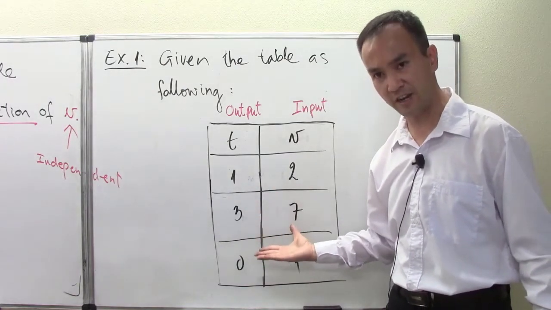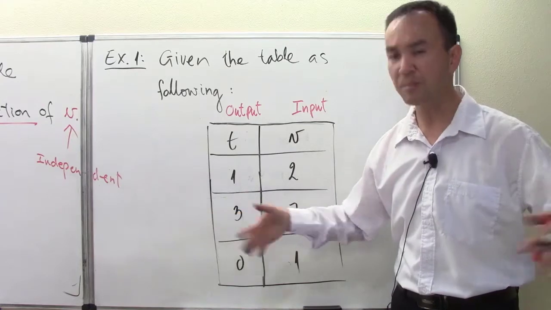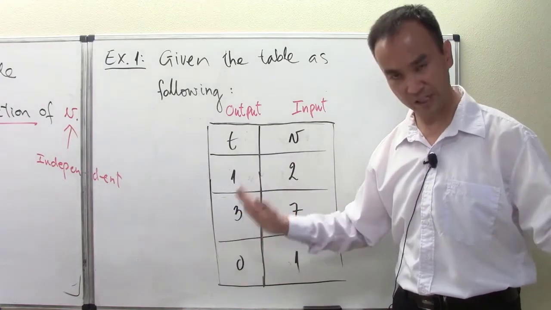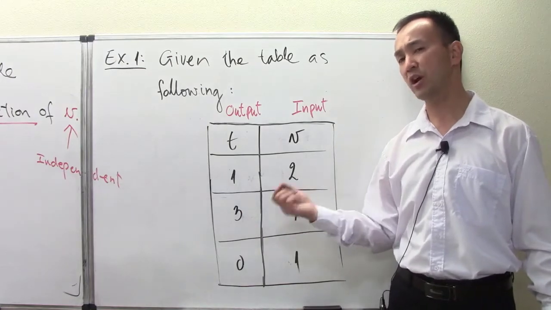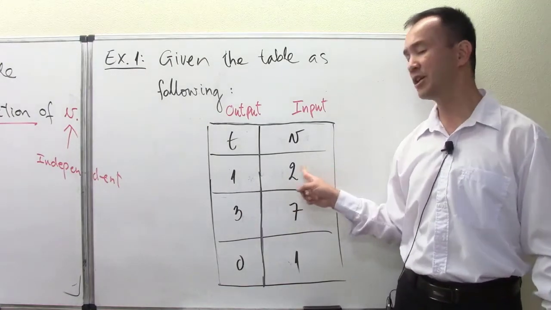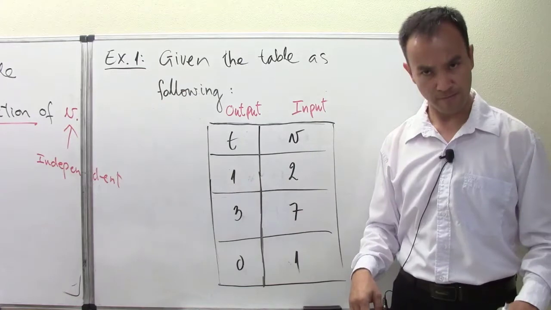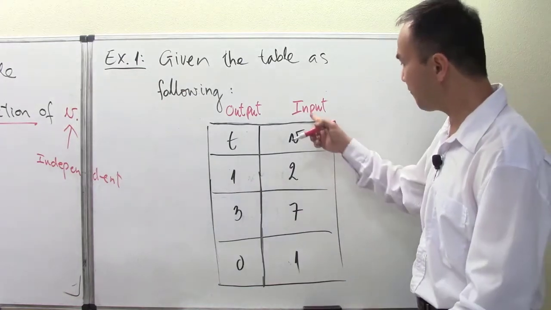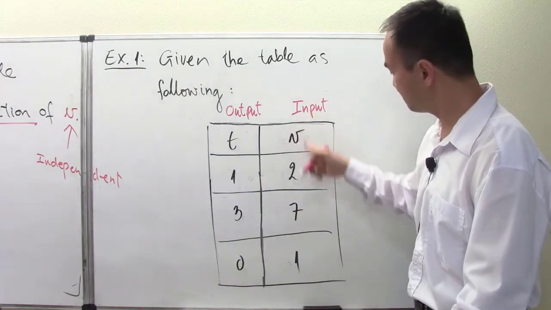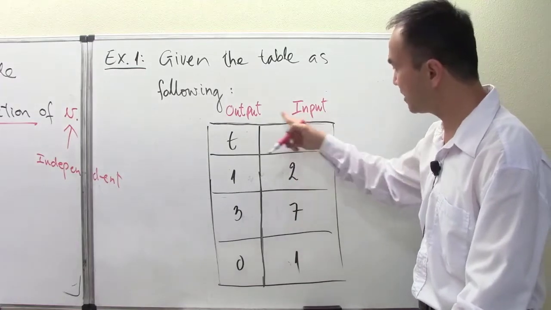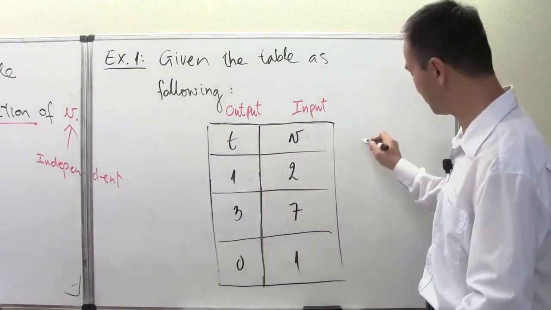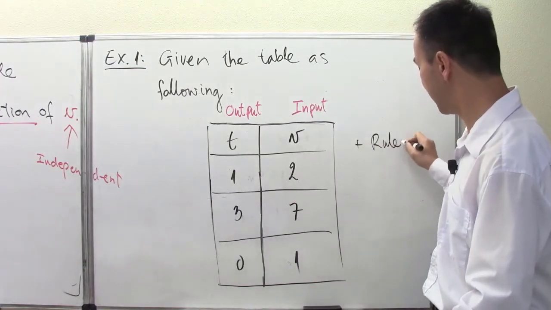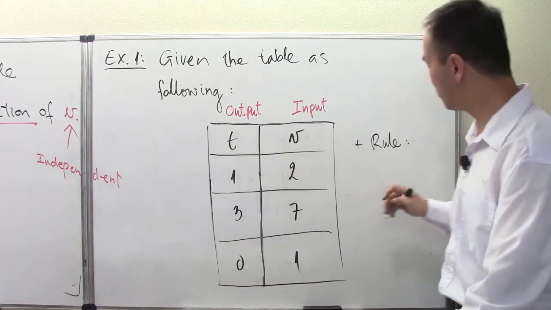Whether we see that rule, or what the expression or formula is that takes 2 into 1, is not important. But if we want v to be the inputs and t the outputs, there must be some rule. It's not the same rule as the earlier one in part A.